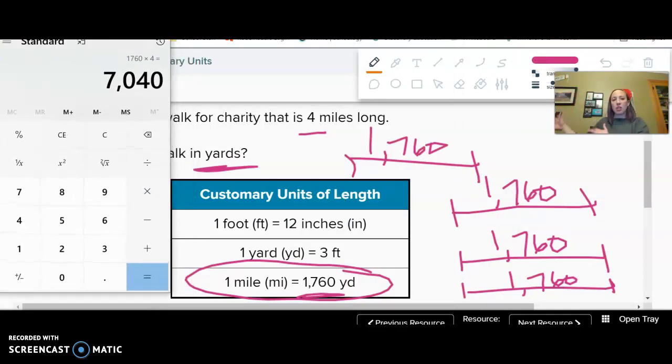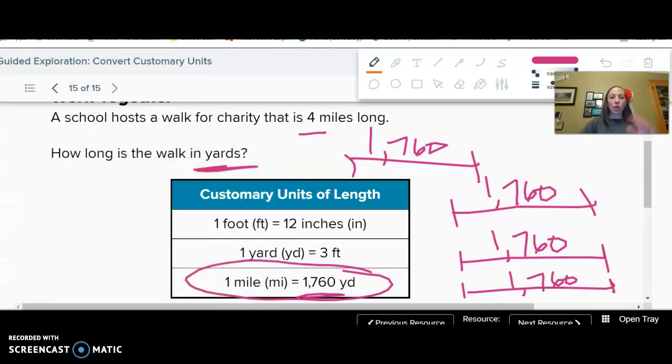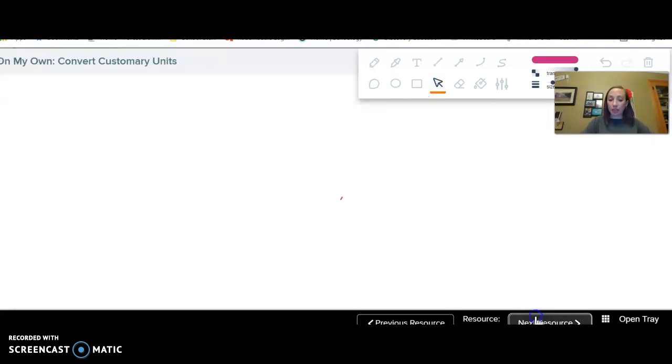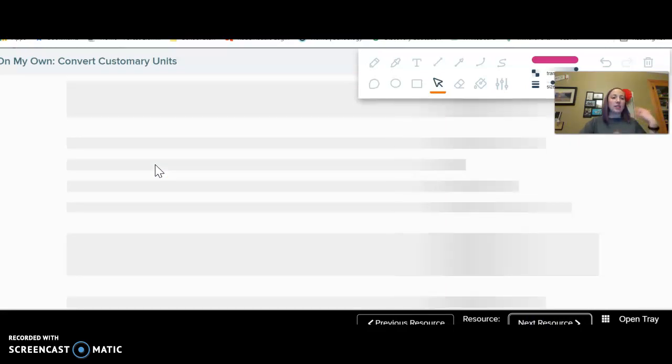Because each mile is 1,760. So I just have to ask myself, okay, I know how many 1 is. So am I putting groups of that together, or am I chunking it up? We'll do more practice, and you can always ask if you need more help. Remember, don't wait till the end to ask. Ask as you go.